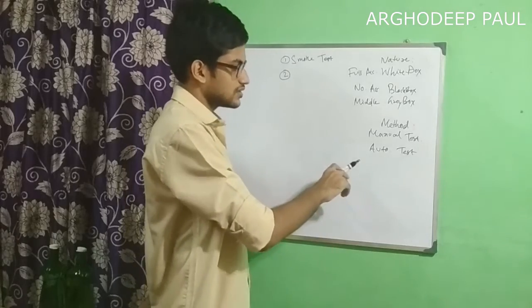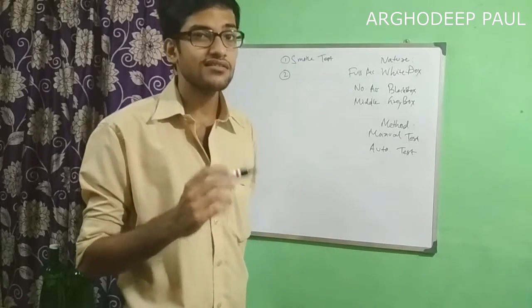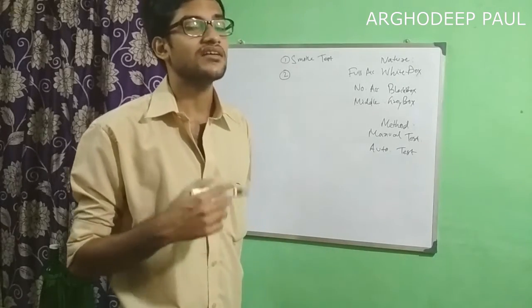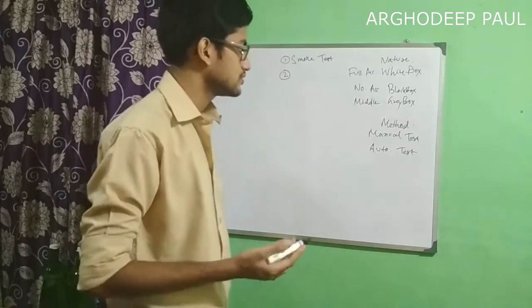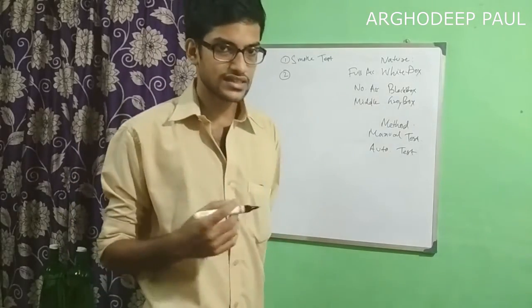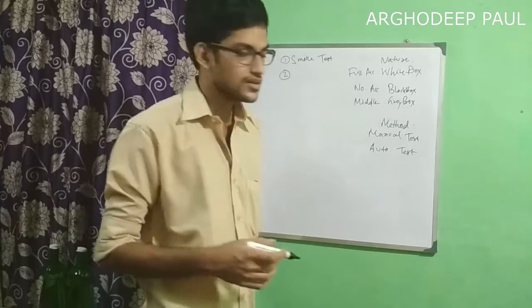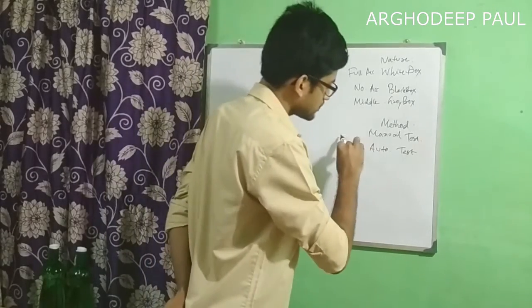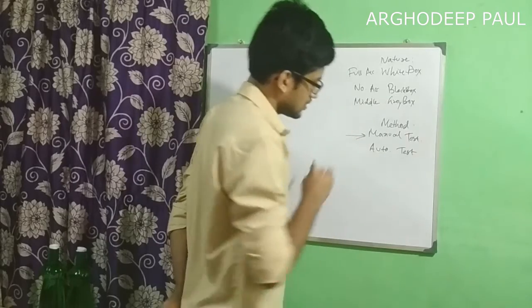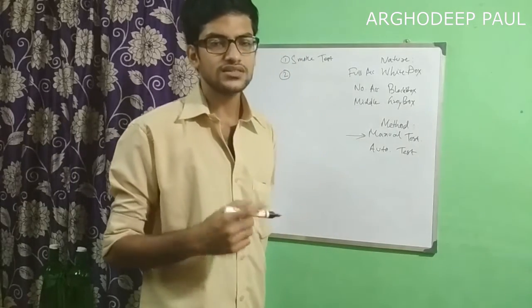So now the tester will become an end user. The tester is actually behaving like an end user, and he will perform the manual test. Why are we calling this manual?